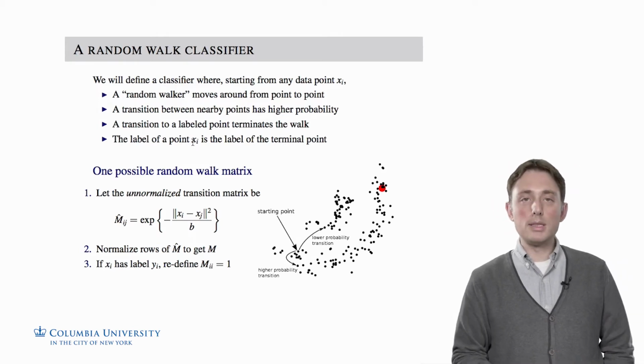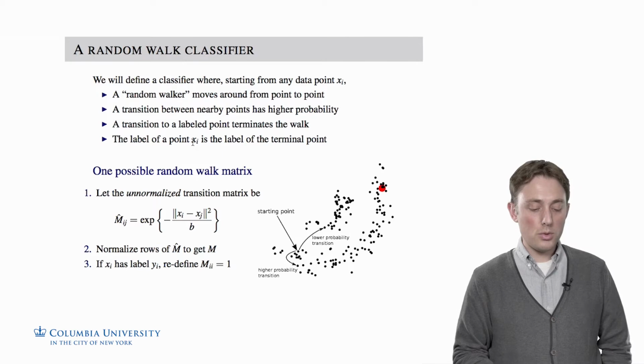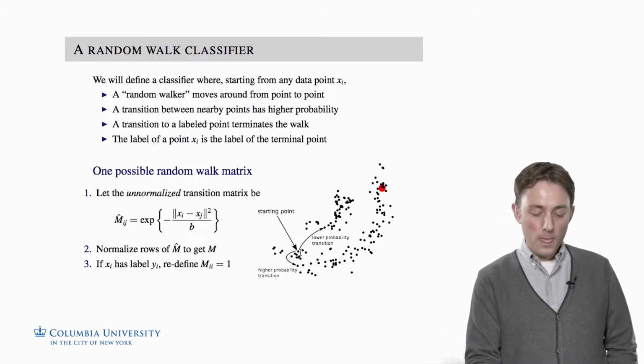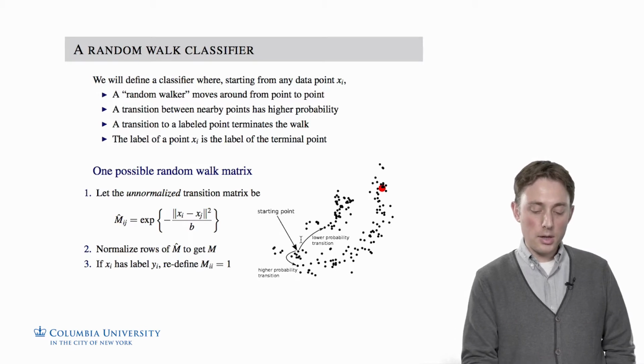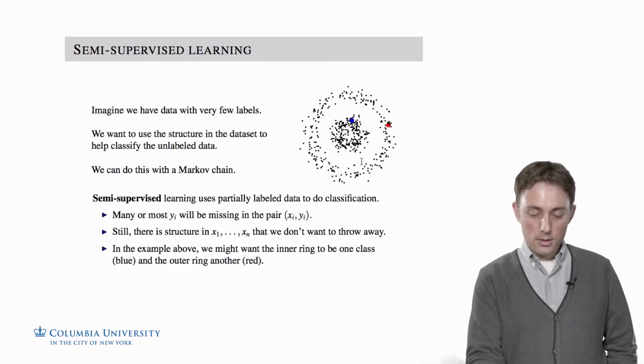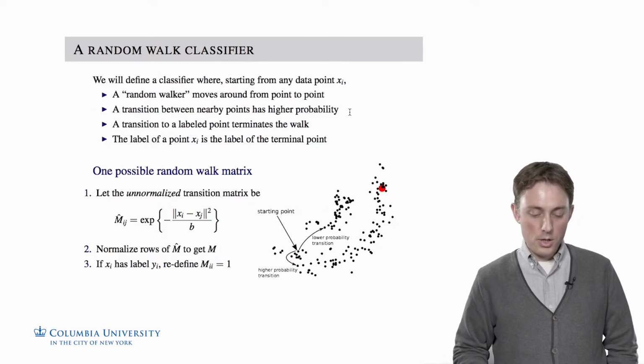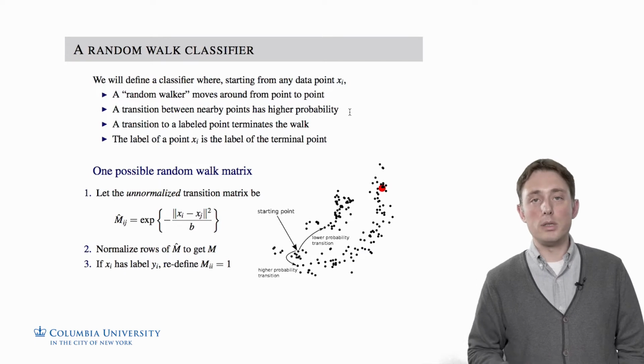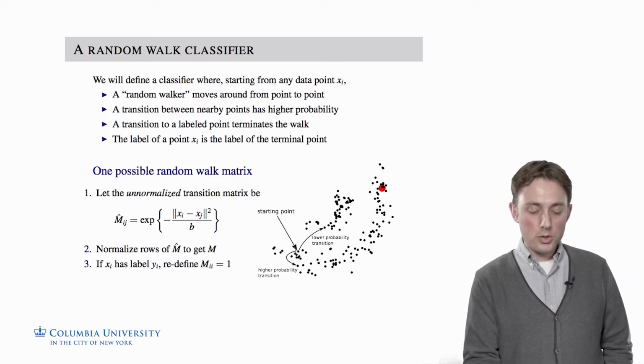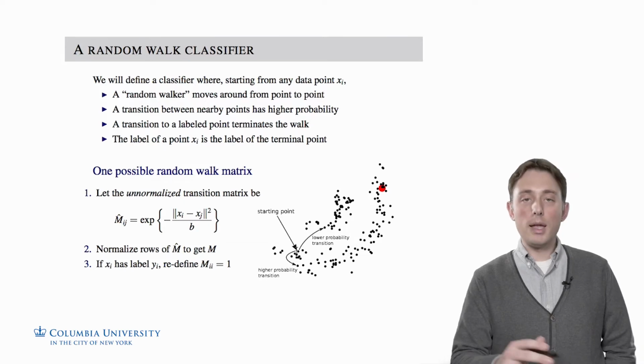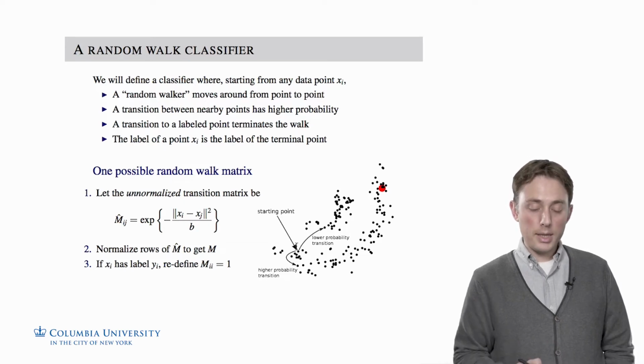So let's look at one example of how we can construct the random walk matrix. For example, if we start at this point, we want to now have a transition matrix on every other point. So this is a zoom in of the previous slide. Imagine we have n total points in our data set. So we want to construct a transition matrix between this point and all n points, including itself.